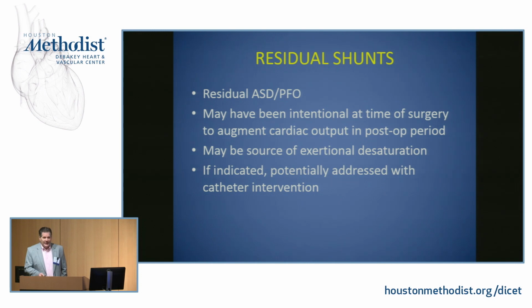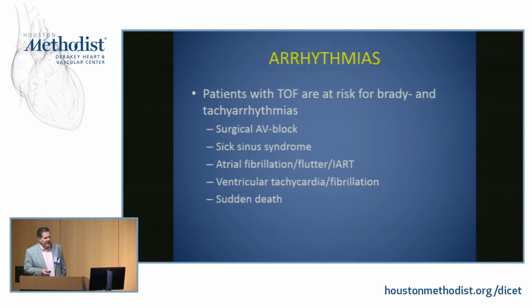There's sometimes residual atrial shunts. It's possible this was intentional at the time of surgery to improve the operative course. It's a potential source of exertional desaturation, and if it's indicated to close it, that can be done in the cath lab as well.